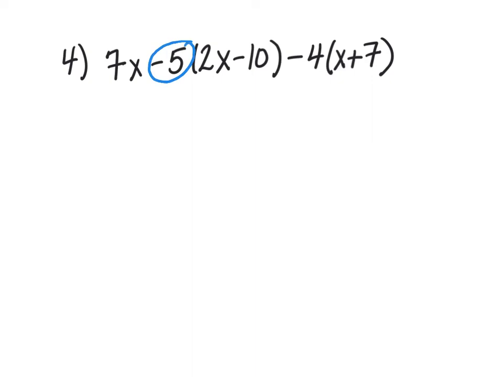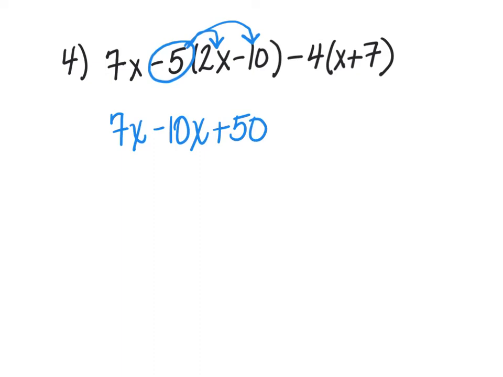So I'm distributing a negative 5 to the 2x and a negative 5 to the negative 10. Nothing happened to that 7x, so I'm just going to bring it down just like it is. And now I'm going to multiply. Negative 5 times 2x is a negative 10x, and negative 5 times negative 10 is positive 50.